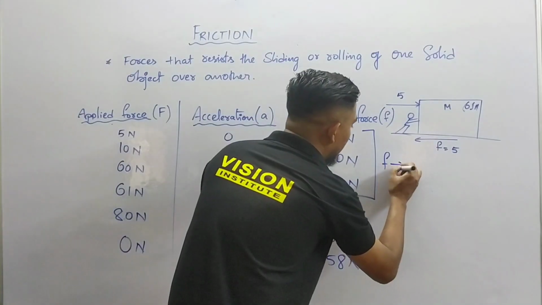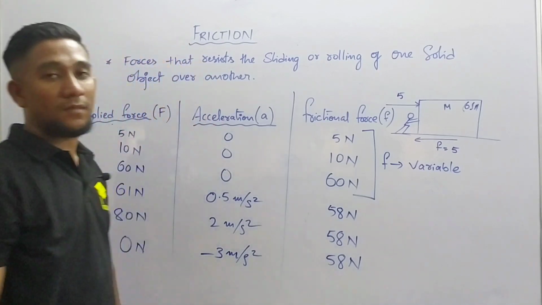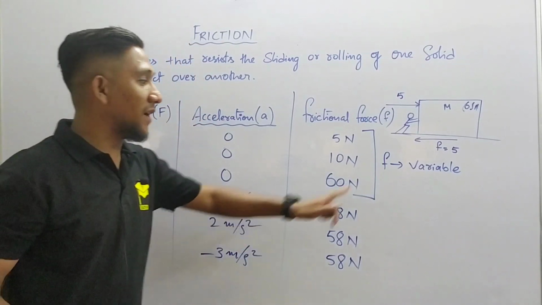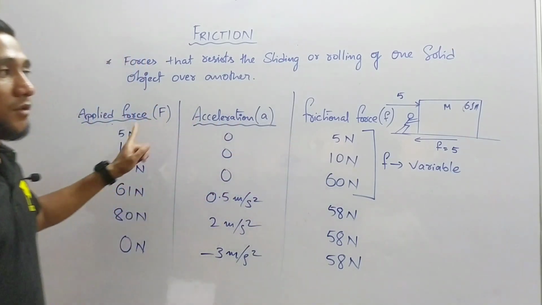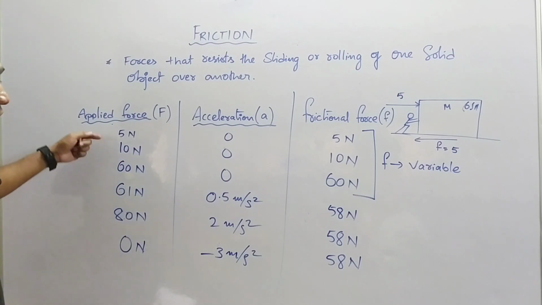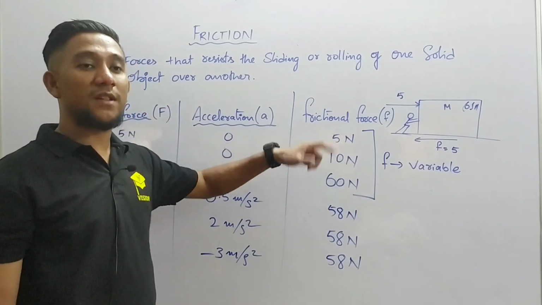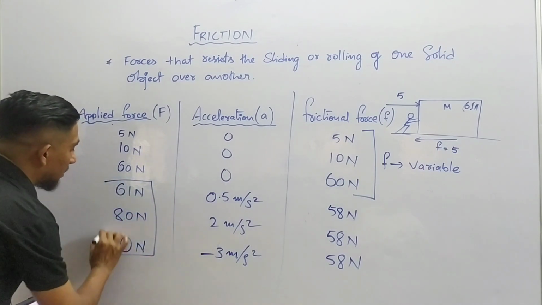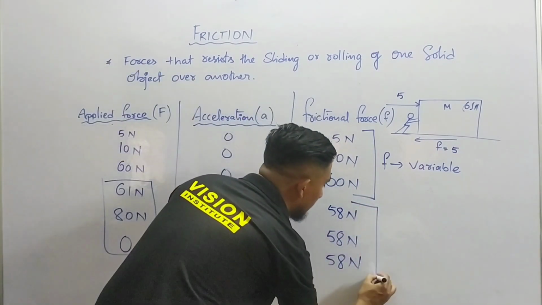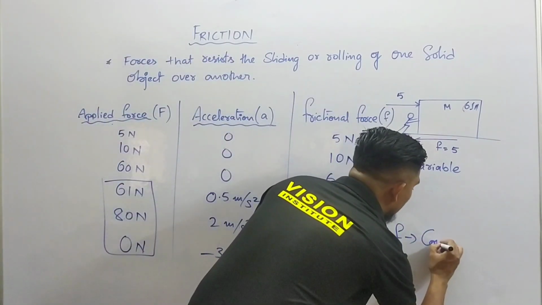I can say that the frictional force here is variable, and it varies with the applied force, and it is equal to the amount of the applied force. So every time you apply a certain amount of force, the ground exerts a frictional force of that same quantity. Now when this body has started to move, what do you see? The frictional force provided is a constant.